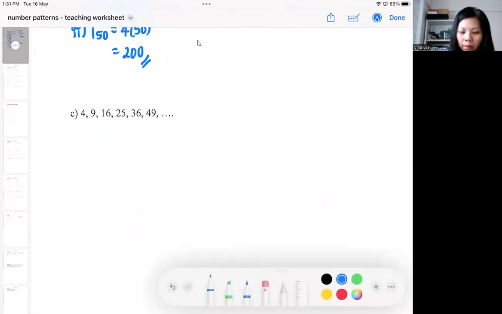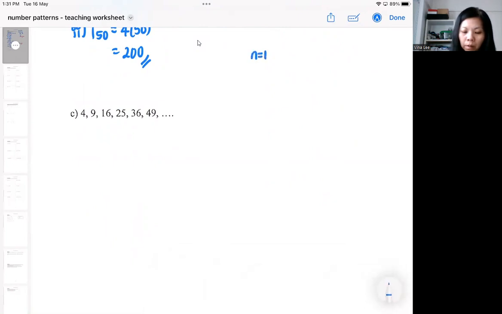The way I observe, I always do it in this way. The first term will be 4. The second term will be 9. The third term will be 16. So to me, this is like 2 squared, this is like 3 squared, and this is like 4 squared.